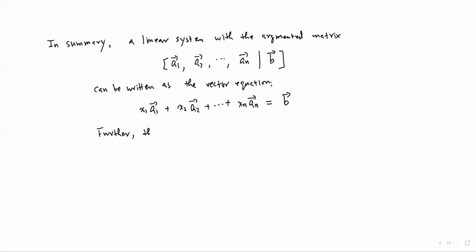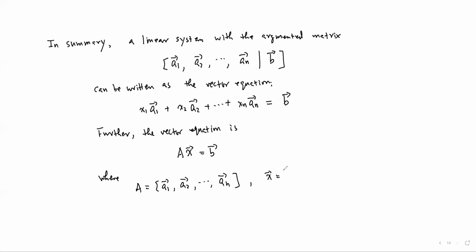The vector equation is the following matrix equation: A times X is equal to B. What is A? A has first column A1, second column A2, up to AN. A is the coefficient matrix. X is the vector of unknowns, x1, x2, xn.